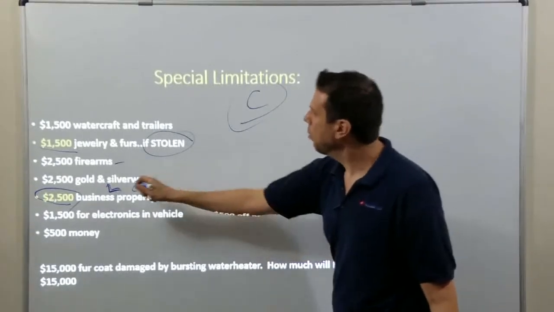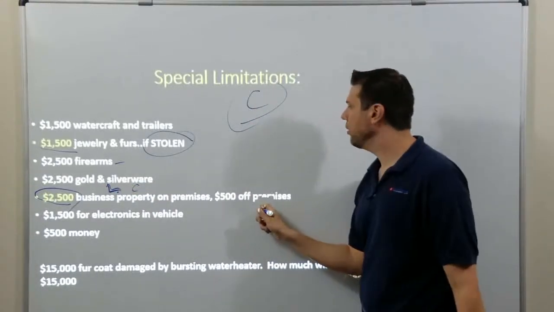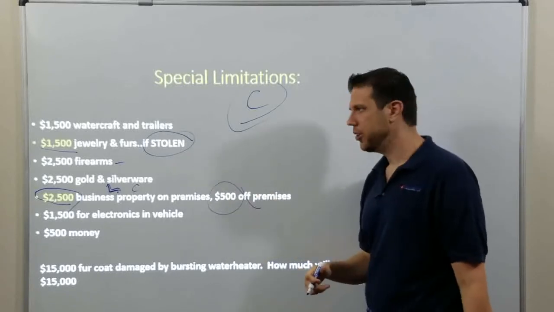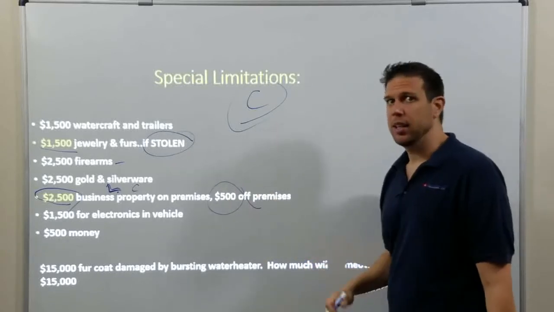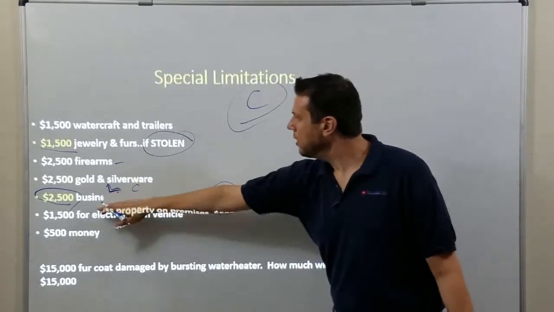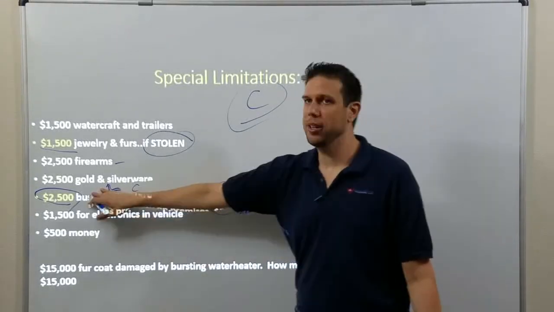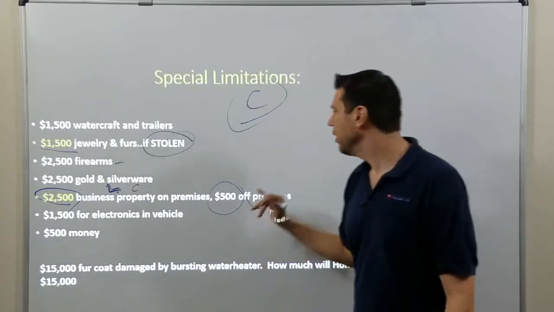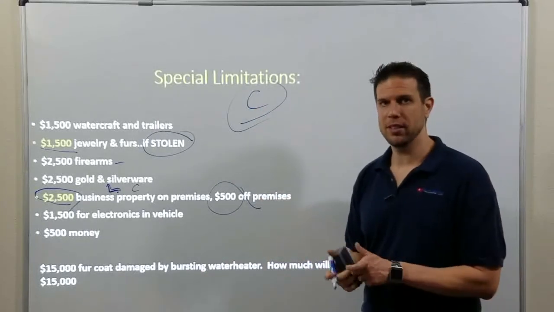But if the work laptop is stolen out of your truck, you only get $500. So your homeowners insurance will cover business personal property up to $2,500 on premises, $500 off premises.